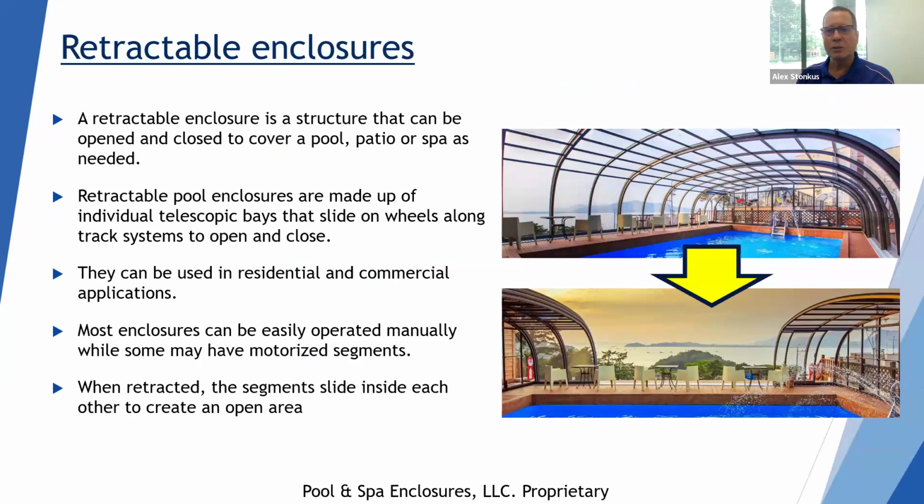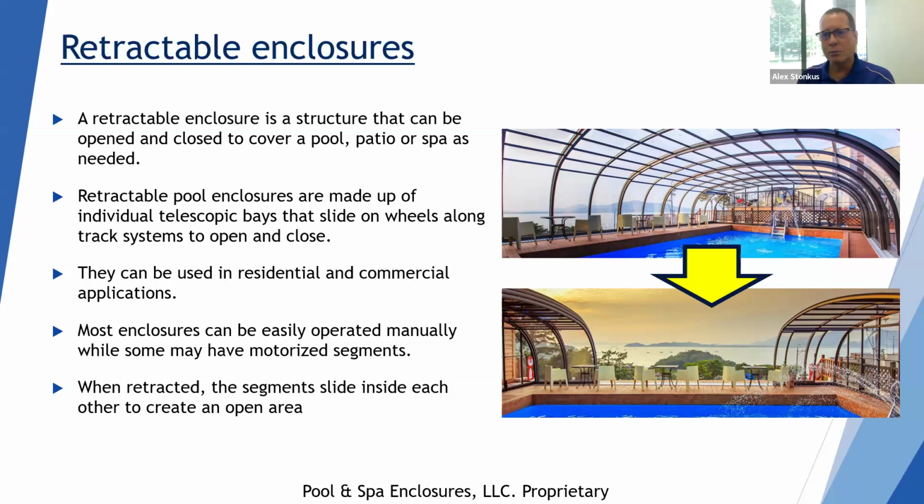So what's a retractable enclosure? Very simple. Think about it like a telescopic, where each one will slide under the next. As we look at the video, you're going to see the top one is fully encompassed and closed over the pool, as well as the bottom photo, as the arrow shows, with the enclosure open.